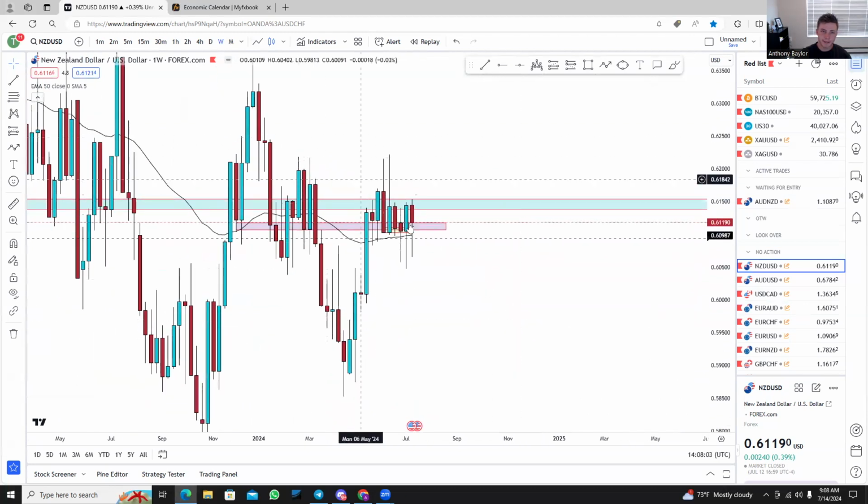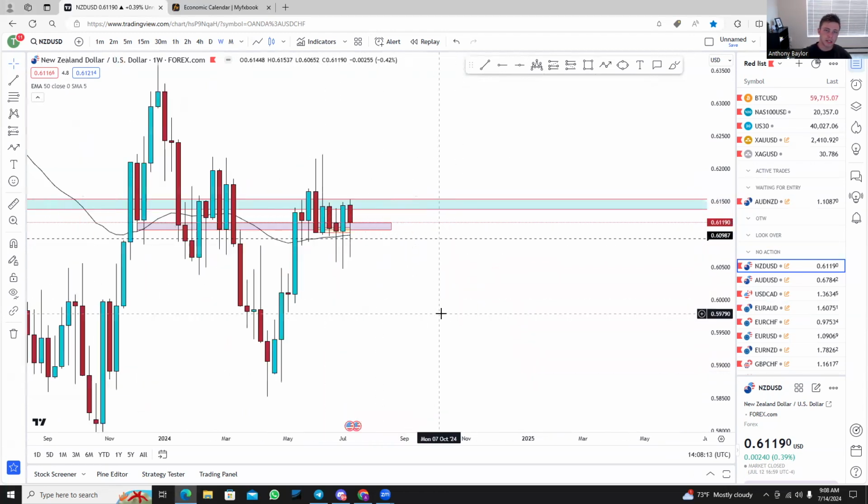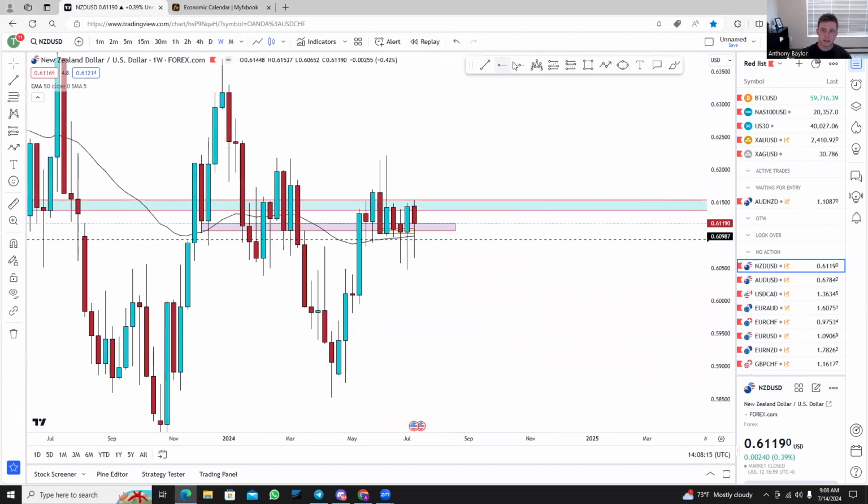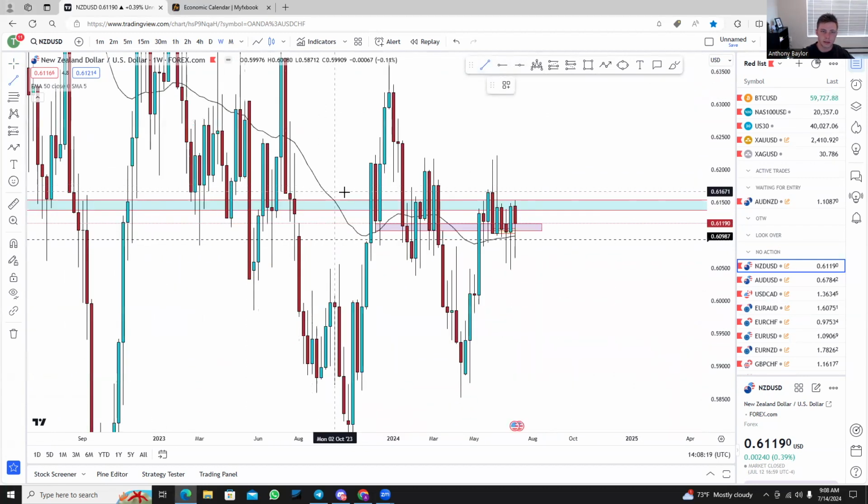But yes. So let's see, we got a lower high, lower low right here. No shift of structure on the weekly, so weekly is bearish. So if you can't see that, would you count that one as a lower high? 1, 2, 3. Yep.